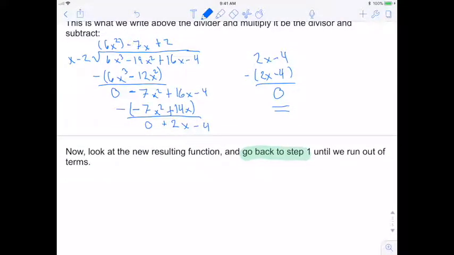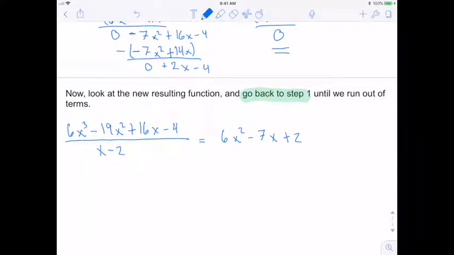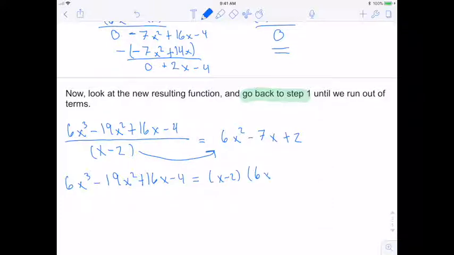So what this says is that 6x cubed minus 19x squared plus 16x minus 4 divided by x minus 2 is equal to 6x squared minus 7x plus 2. And sometimes we take this x minus 2 in the denominator here and multiply it to the other side, and instead write 6x cubed minus 19x squared plus 16x minus 4 is equal to x minus 2 times 6x squared minus 7x plus 2.